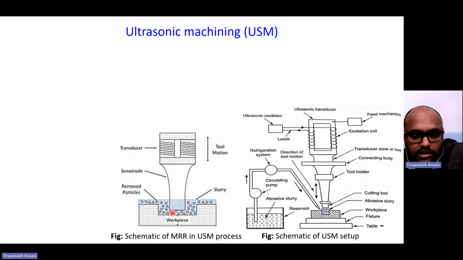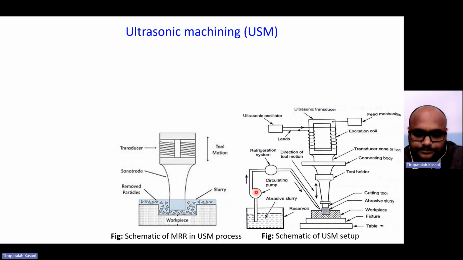A small amount of material is removed in the form of chip, and from here the chip along with the abrasive particles moves out, and again this is refreshed. The chips are removed, and fresh, sharp-edged abrasive particles are mixed in the reservoir or tank, and again supplied to the machining zone to continue the machining process.